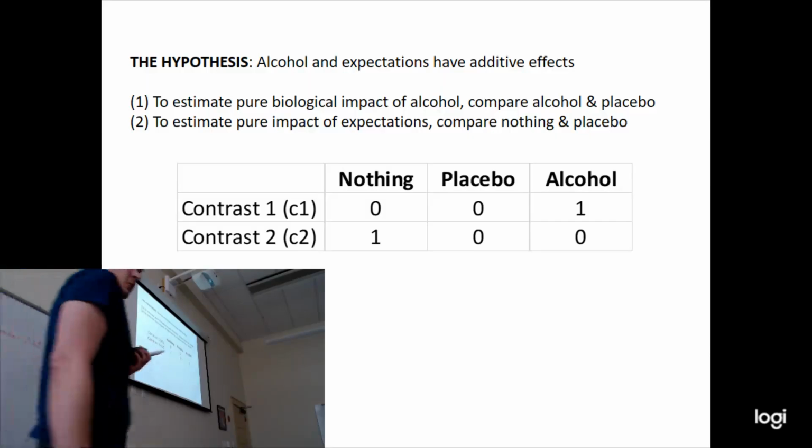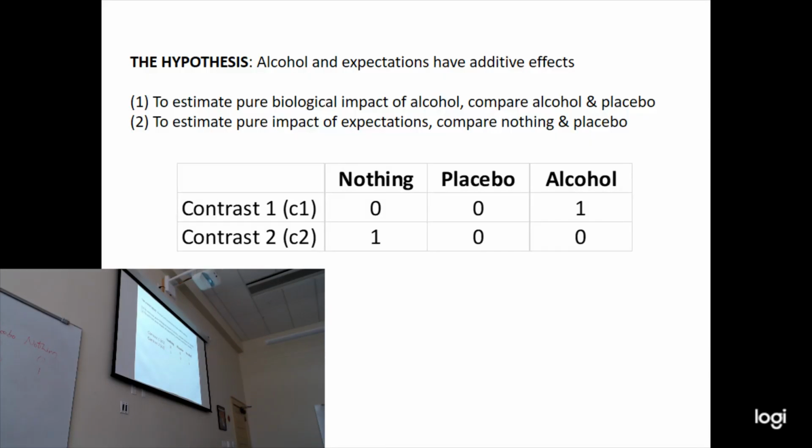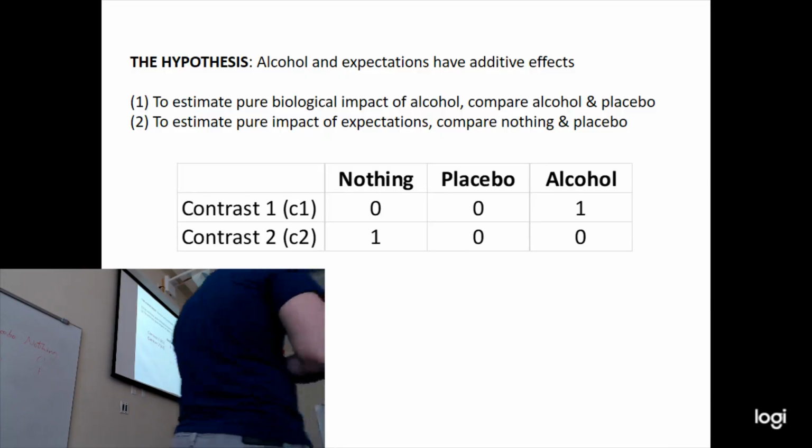These dummy codes are also different from the ones we've worked with in that I've made placebo the reference group instead of nothing. But let's just illustrate. You can choose whatever is your reference group. Doesn't really matter.